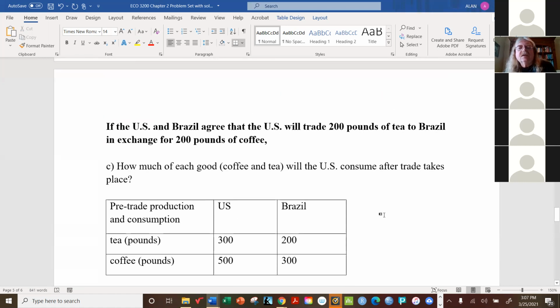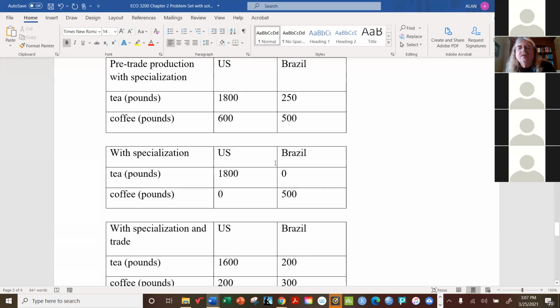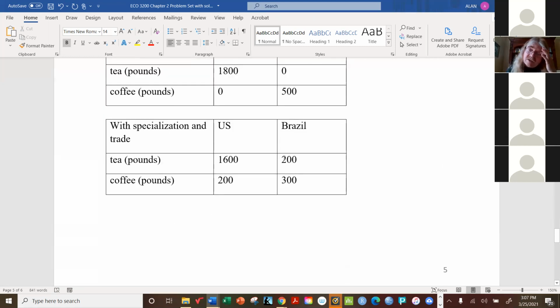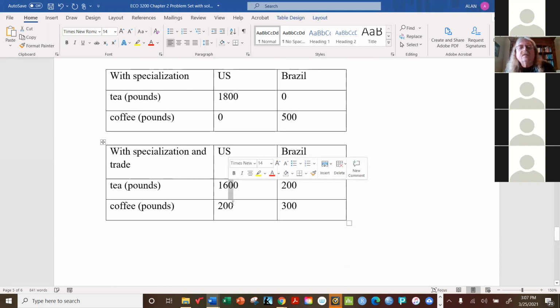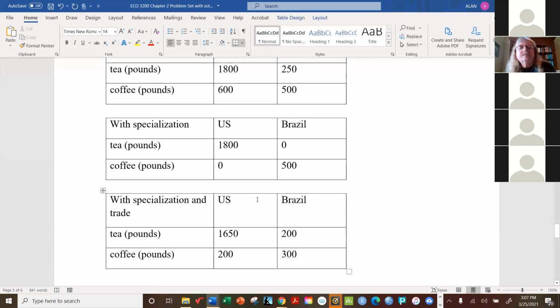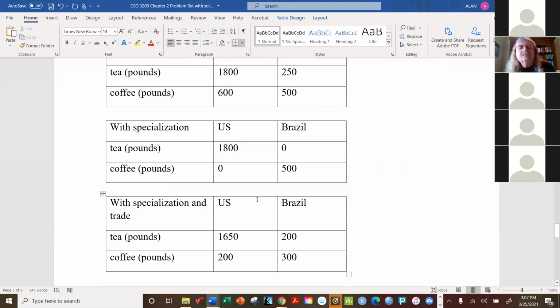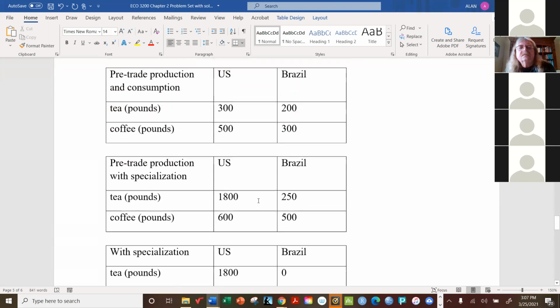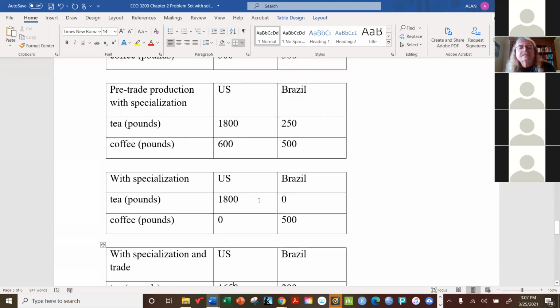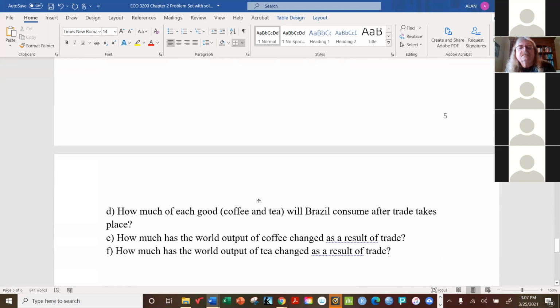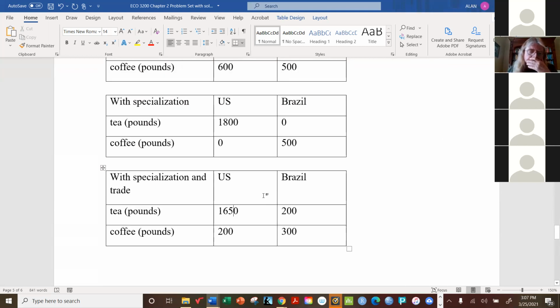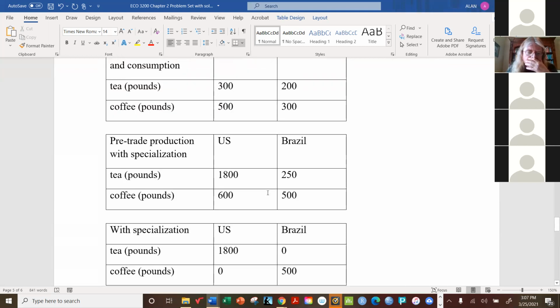Nah, see, that's not going to work either. Let's make it 150. You can see how complex this is to plan it properly. Let's make it 150 because I want to make sure that they both end up with more goods than when they started out with. Oh, man, you know what?